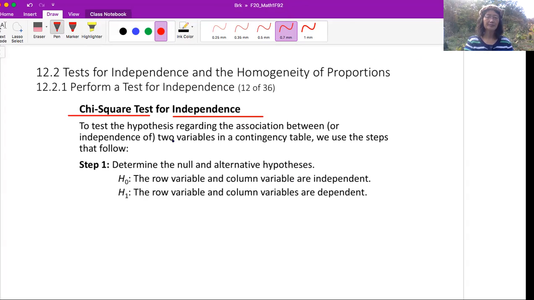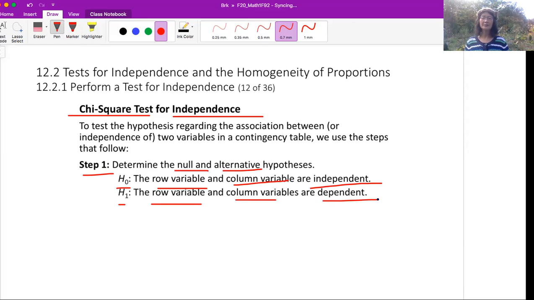Step 1, determine the null and alternative hypotheses. Null hypothesis H0, the row variable and column variable are independent. H1 says the row variable and the column variable are dependent.